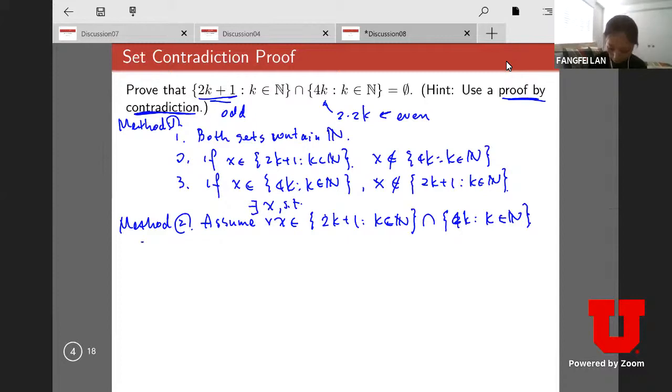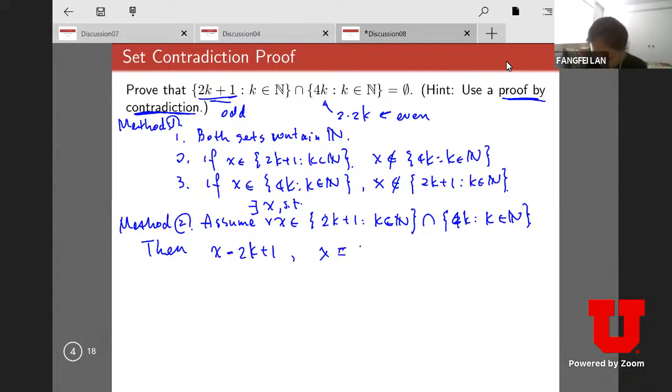So then X has to satisfy two conditions. X has to be this for some k in N, and we're going to have to change the variable, because the k on the left side and the k on the right side can be two different integers.